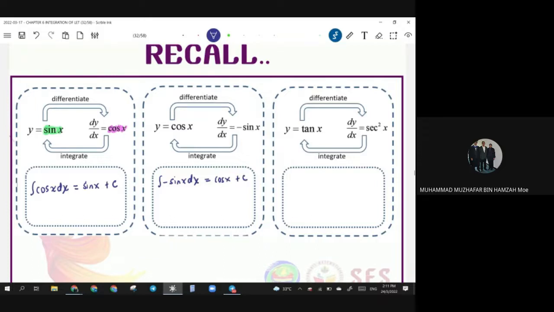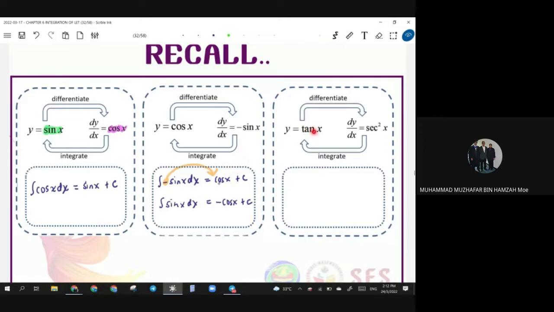And suppose if we just need to integrate sine x dx, what we can do is move the negative to the right hand side, pindahkan dia. So the integral of sine x, the answer should be negative cos x plus c.